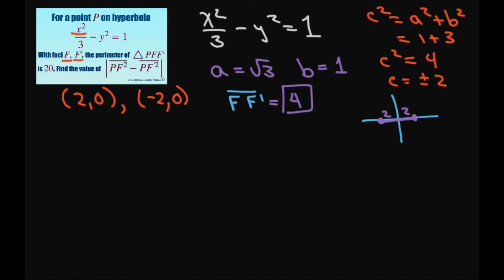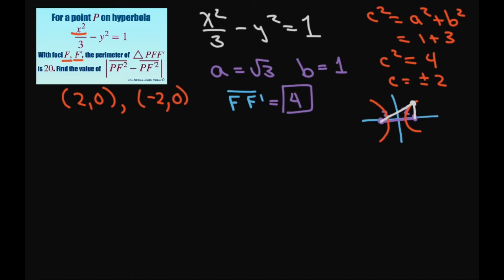Now, by definition of a hyperbola, if these are the foci and you have a point P on the hyperbola, the distance from P to one focus minus the distance to the other focus equals 2a.